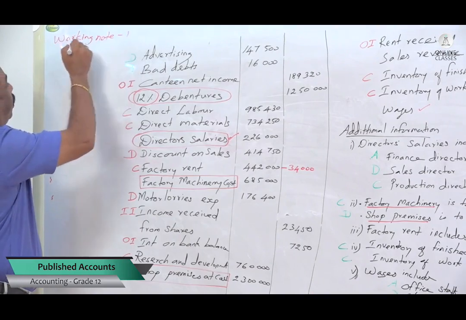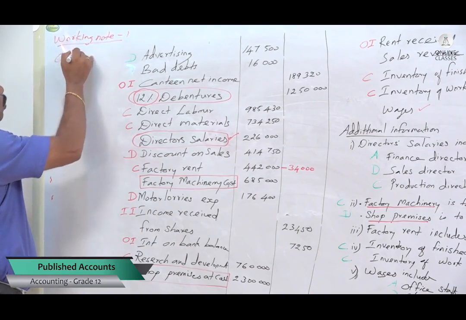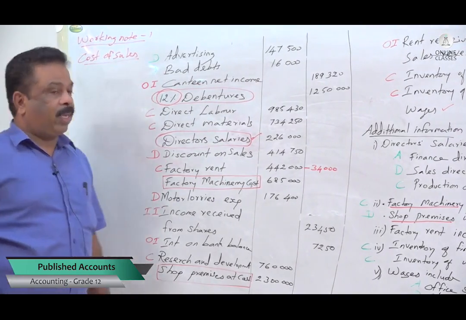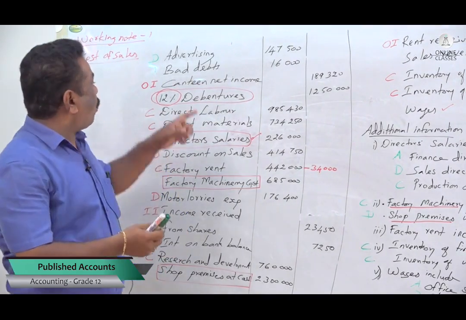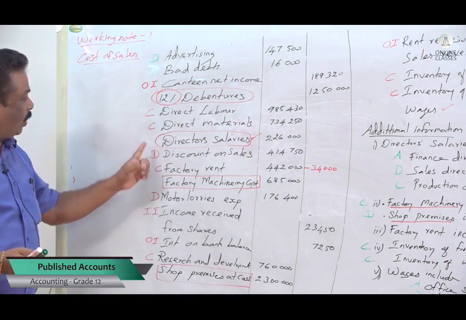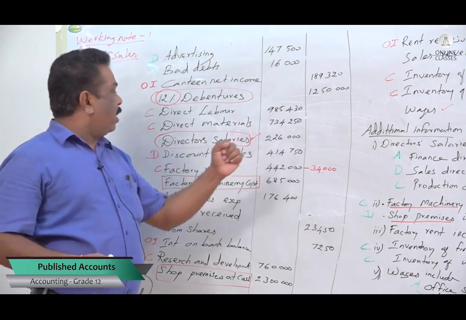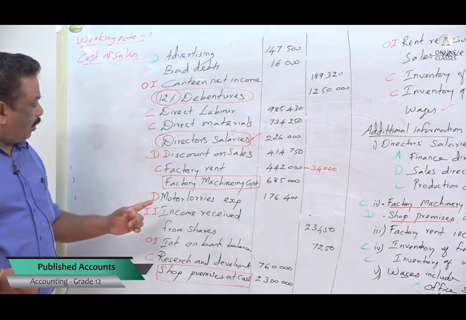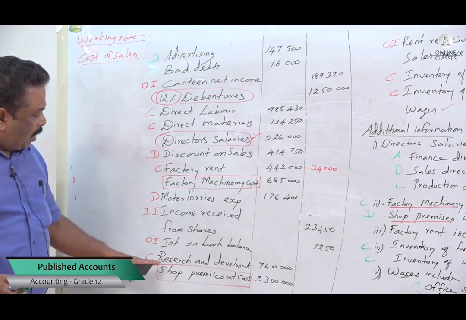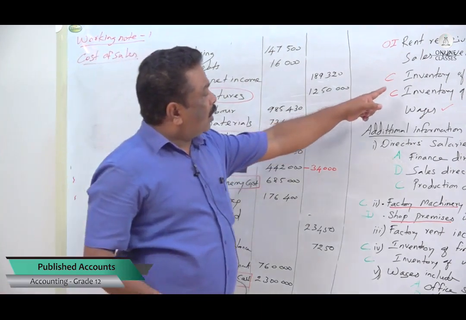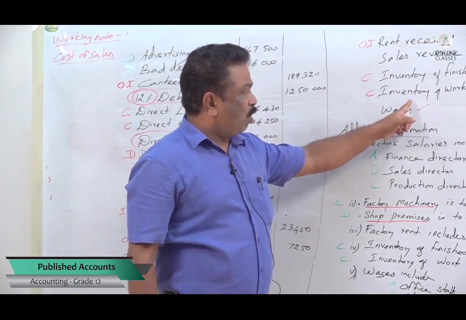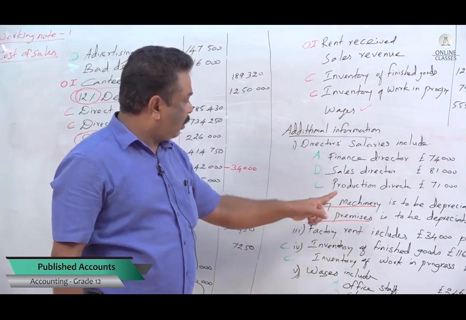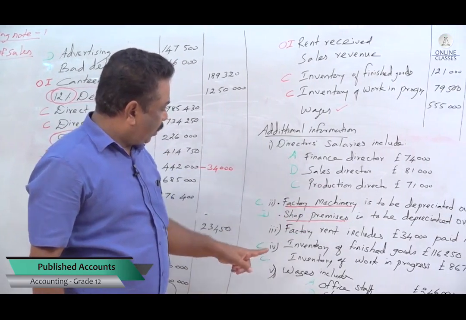Working note number 1, cost of sales. Under the cost of sales, just list out all the items which are marked as C, like direct labor, direct materials, factory rent, motor lorry expenses, research and development, inventory of finished goods, inventory of work in progress, production director salary, depreciation on factory machinery.